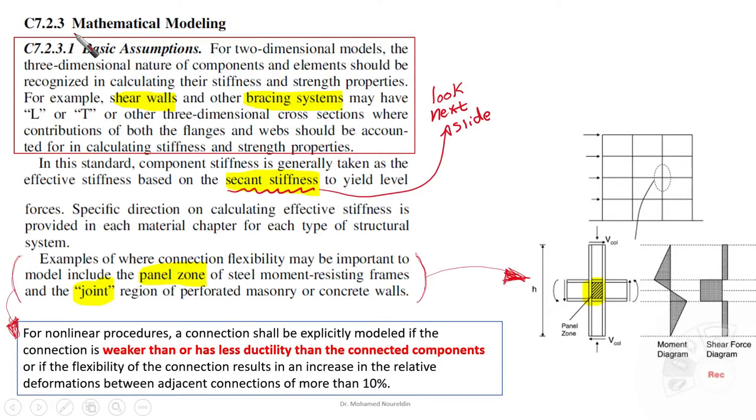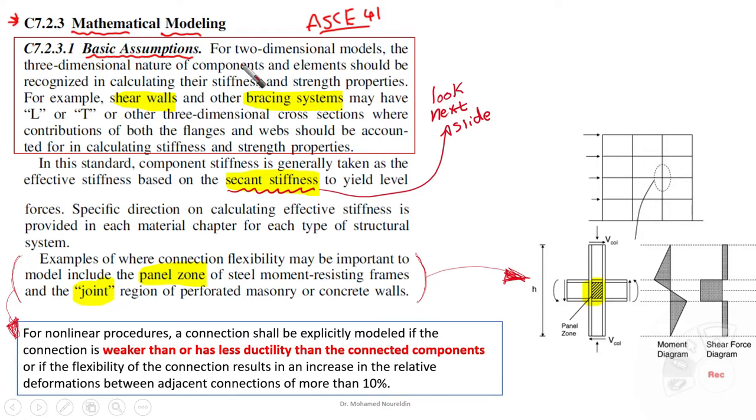In this video, I'm going to talk about the commentary of the mathematical modeling point, which, as I said, is in ASCE 41. In the commentary, they are giving us some basic assumptions regarding the mathematical modeling, and I have already mentioned it before.